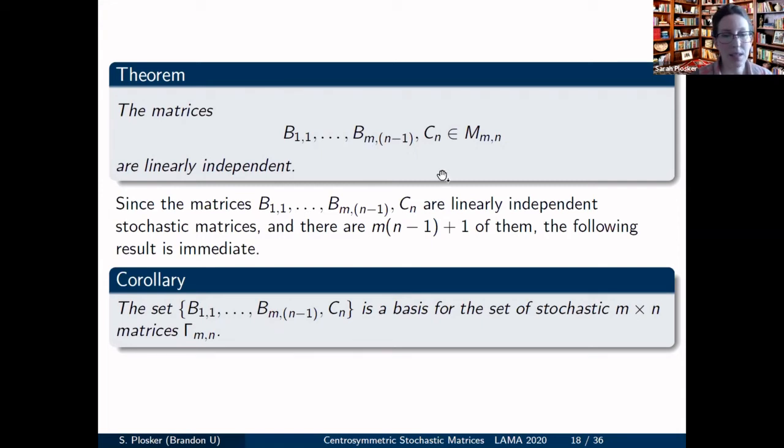And there's the right amount of them. There's m times n minus 1 plus 1 of them. So that's a basis for the m by n stochastic matrices. It's not too hard to show that they're linearly independent.